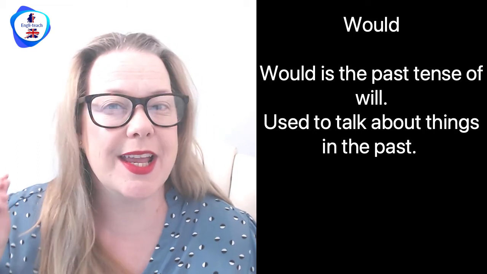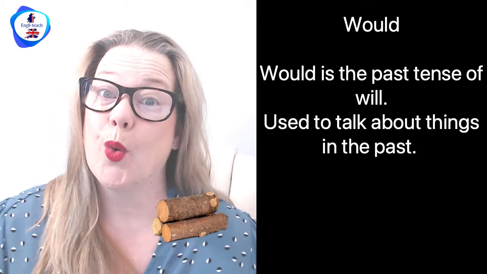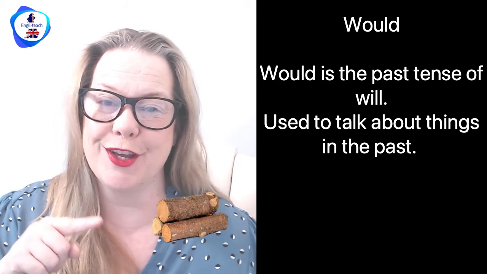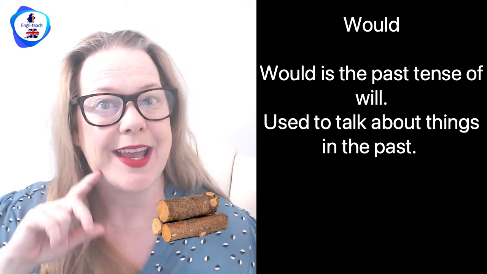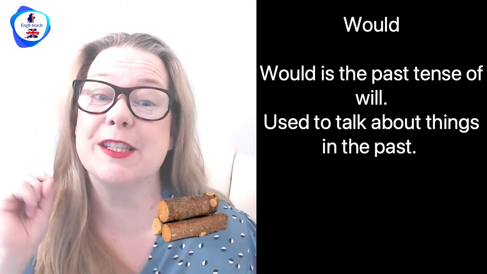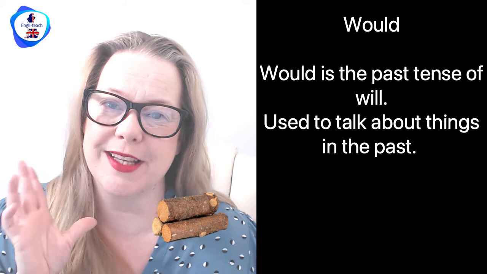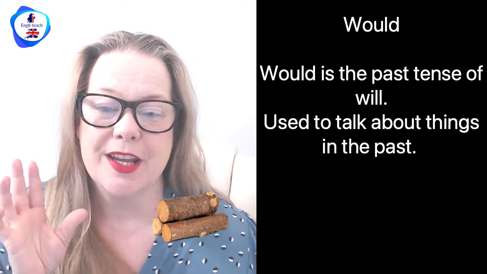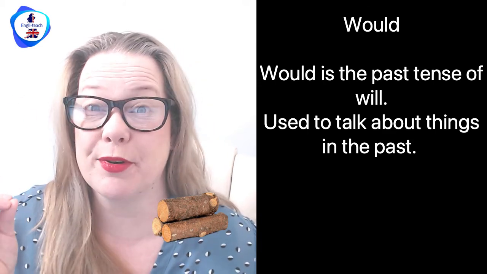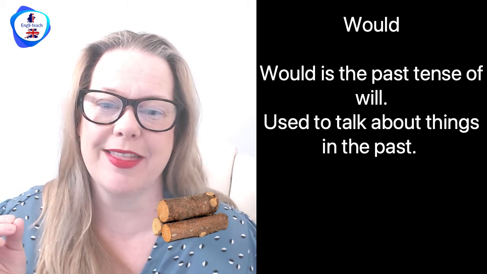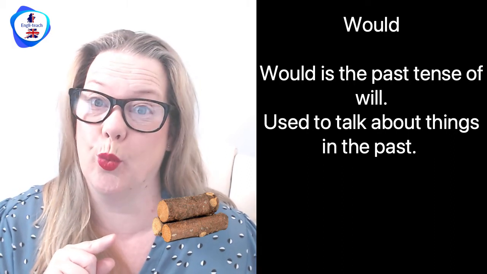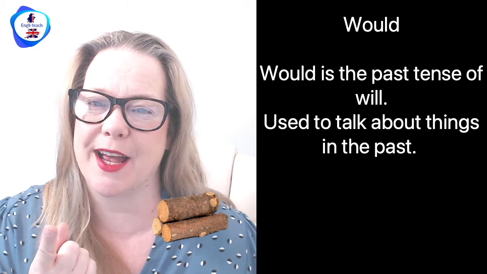Would. It almost sounds like wood. The wood that you get from a tree. It sounds the same, but it is spelt differently, and of course it has a different meaning. So if you're looking for the right pronunciation, start by thinking of a tree and wood. It's the same sound.